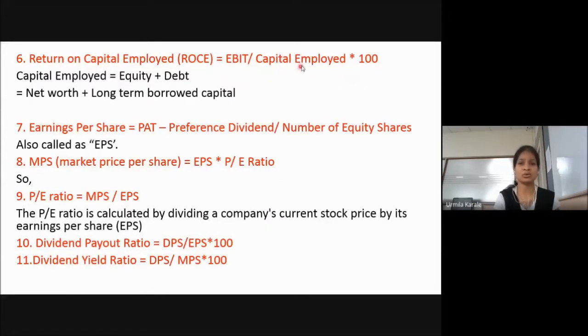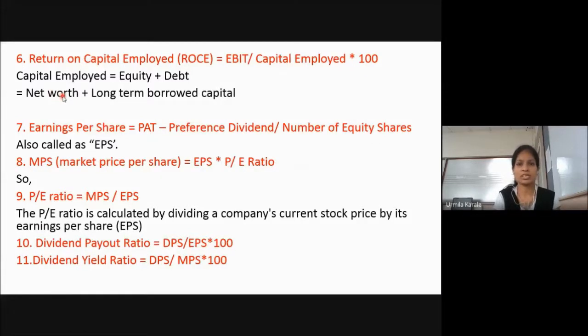Here we are taking out all the funds, means equity plus debt, own funds plus borrowed fund. How much is the total amount of funds invested in the business, capital employed or used in the business, and how much is the operating profit that you're getting. Okay, operating profit, or what we say, earning before interest and tax, right? In percentage, we are finding it out.